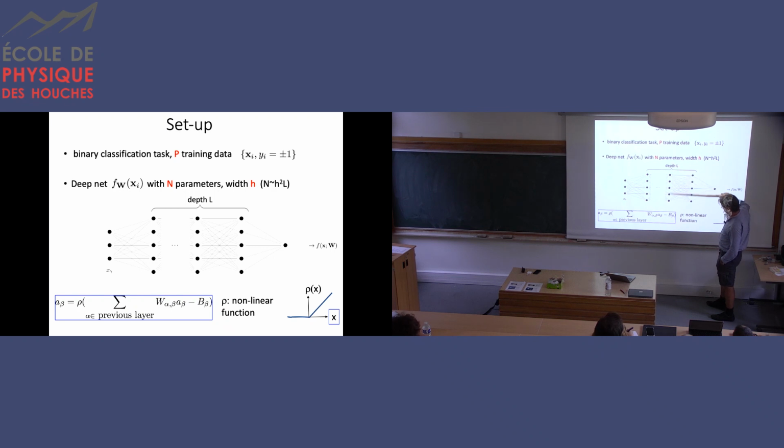The width of my network is H. And in this talk, when I think about over-parameterization, increasing a lot the number of parameters, I'm thinking about fixing the depth, which I call L, but really increasing the width of the network, right? So N, in this case, is quadratic in the width. And I have some empirical data to show you, and most of them are for neurons that are actually ReLU neurons.